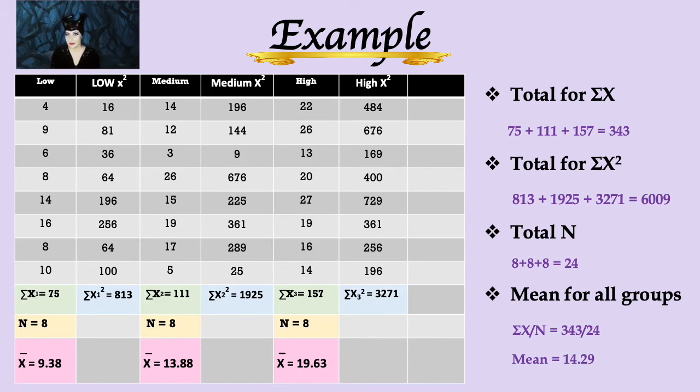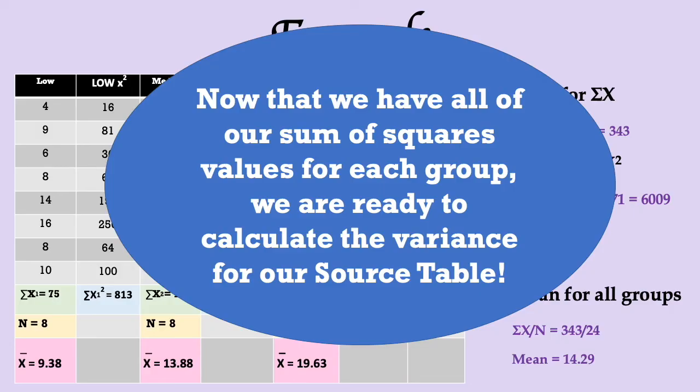Now, if I had 8 people in each condition and I had 3 conditions, 8 times 3 will give me a total n of 24. And by dividing the total sum of x, 343, by our total n, 24, I'm going to get a total mean of 14.29.